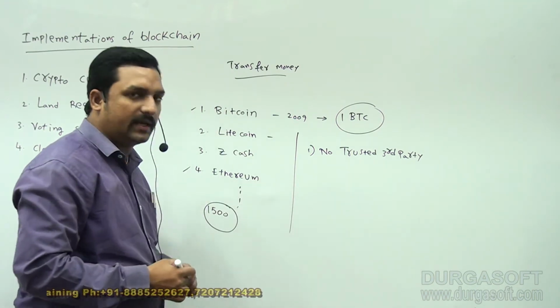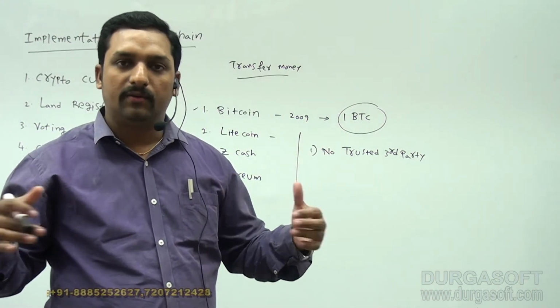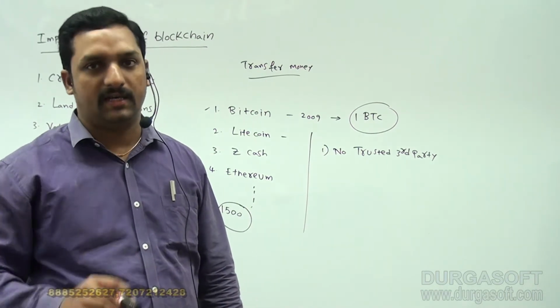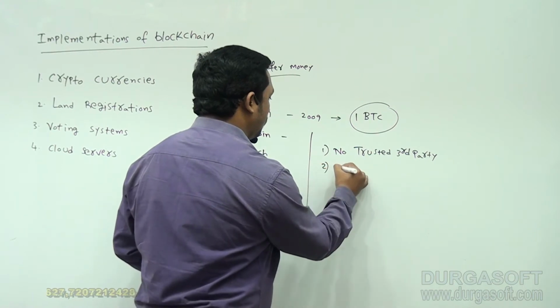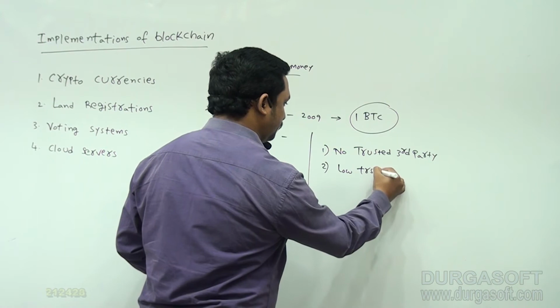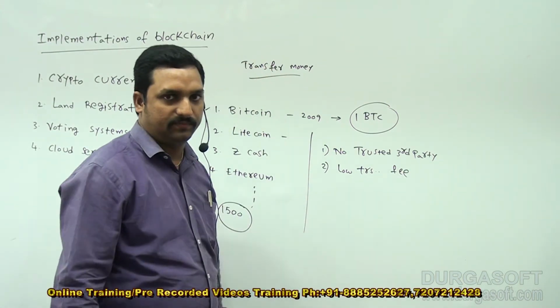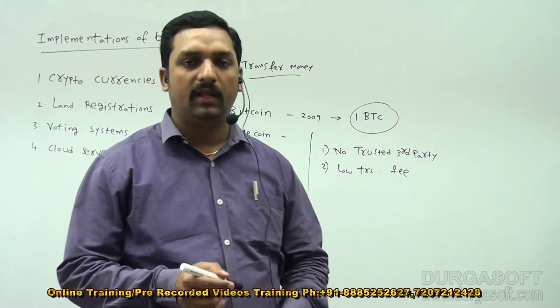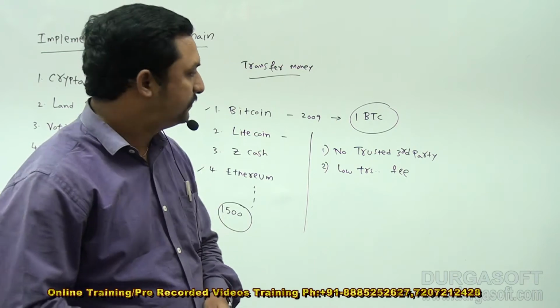We need not take any permission from any central authority to transfer the money. Directly we can transfer money. The second one, low transaction fees. The transaction fees are very, very low when you compare them to bank-based transaction fees.